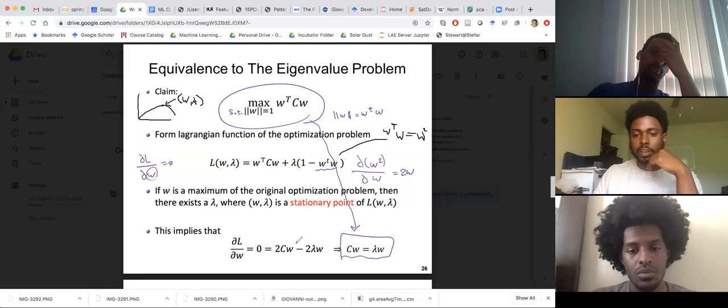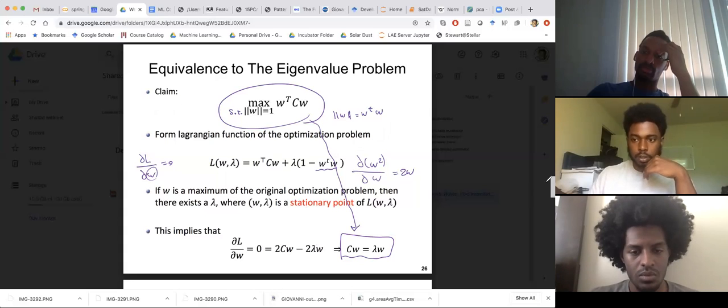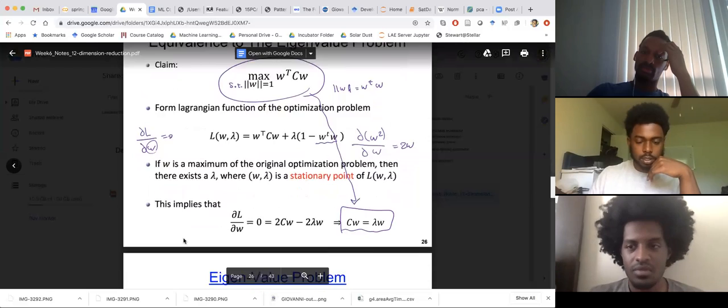This simplifies to 2 times the covariance matrix w minus 2 lambda w. Those 2's drop out, and we end up with the covariance times w equals lambda times w. Thank you all for contributing to the math.